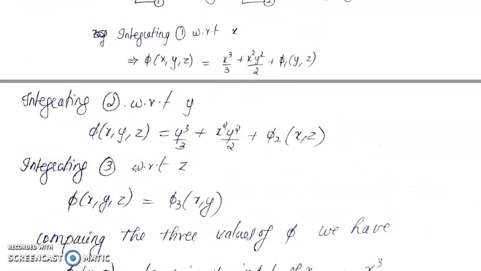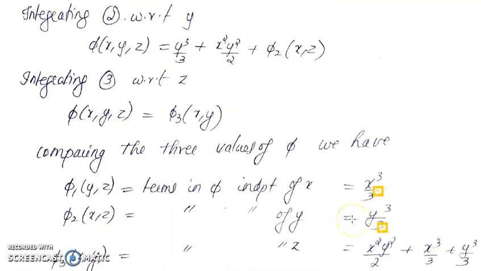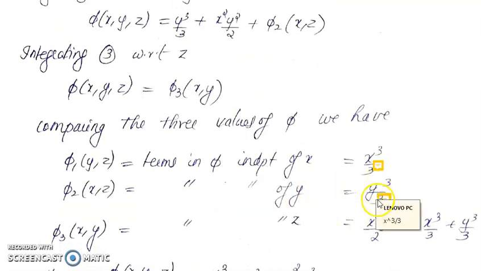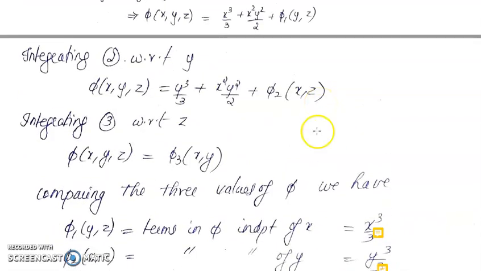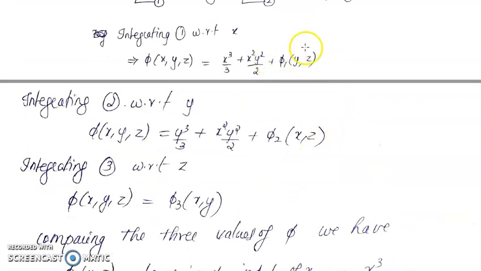Now we know the value of phi. We have obtained the values of phi 1, phi 2 and phi 3, so substitute one of them in any of these equations. If I substitute phi 1 of yz in the first equation, I will get the value of phi.